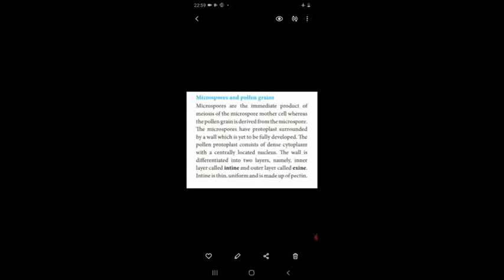But the outermost layer, exine, is hardy and irregular in shape, but intine is very thin, uniformly arranged, made up of different chemical substances: pectin, hemicellulose, cellulose, callose, and proteins.